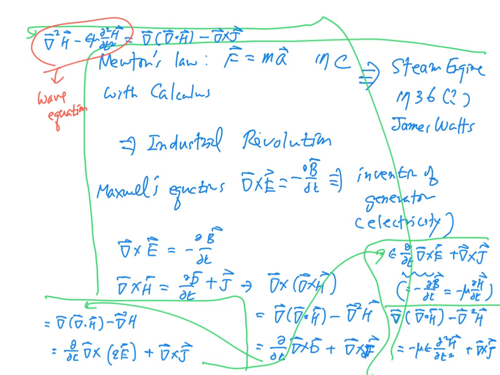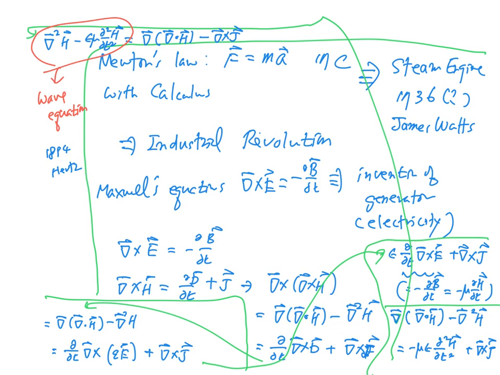In 1894, Hertz actually proved that the electromagnetic wave can be generated and can be detected. And as a result, we have wireless communication.